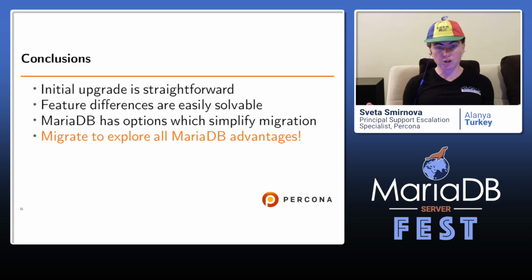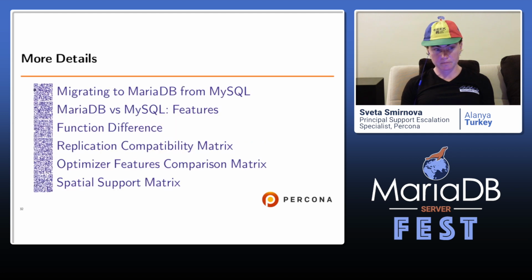MariaDB has options which simplify migration, like you can replicate from a MySQL source server even using global transaction identifiers, so you can safely migrate to MariaDB to explore all MariaDB advantages. Unfortunately, it would not be easy to migrate back to MySQL, so if you are considering the option to migrate back, please do not migrate everything, because MySQL is not so friendly to MariaDB specific options.